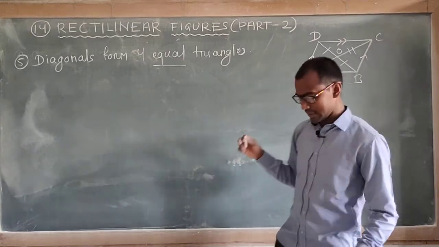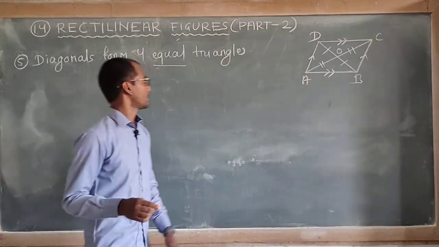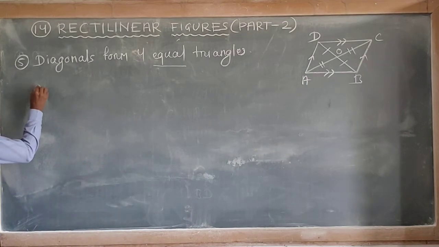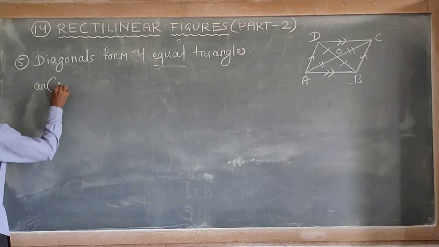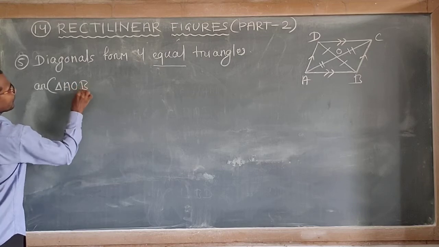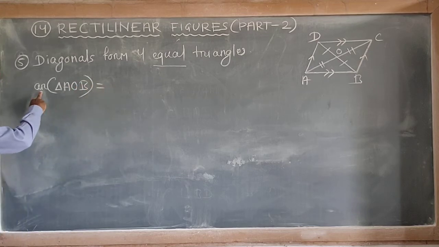So these 4 triangles are equal in area. So we can write AR means area.